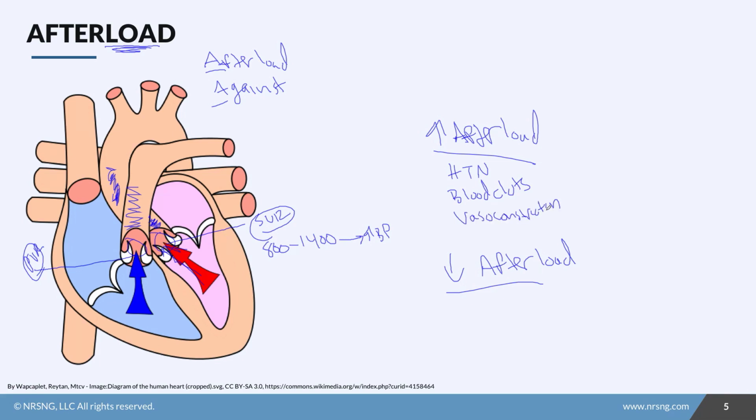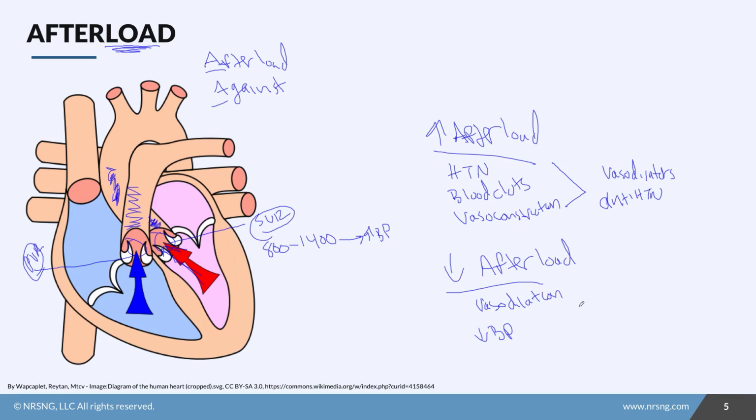Decreasing afterload can help to decrease blood pressure and also decrease the workload of the heart. We can do that with vasodilators and antihypertensives, or by getting rid of clots. Now, things that cause afterload to be low would be things like massive peripheral vasodilation or low BP.